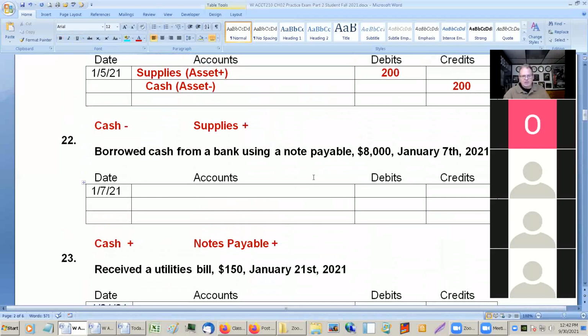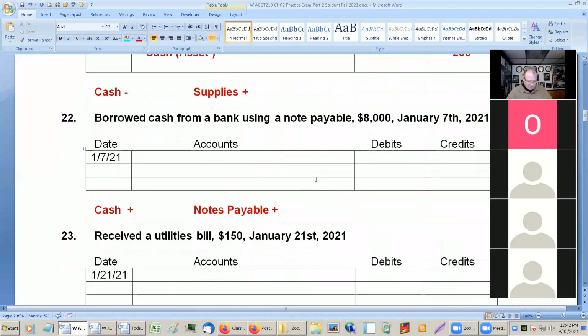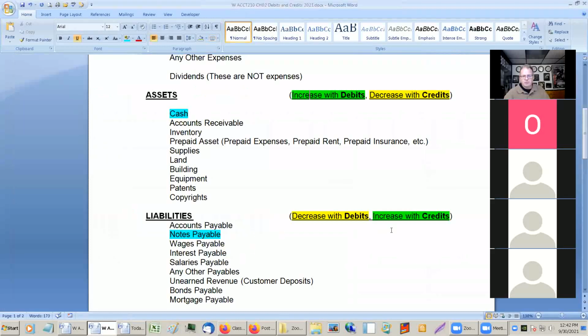And quite honestly, you notice it going through here, if you're in a hurry, if you got one of them, you got both of them. There's only two accounts. But the notes payable is increasing with the credit.